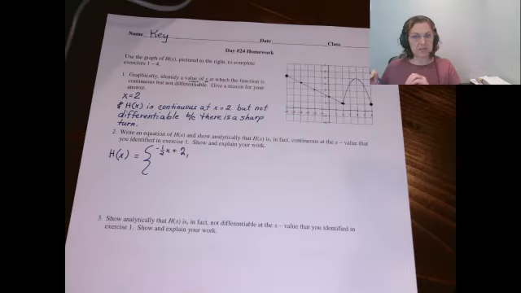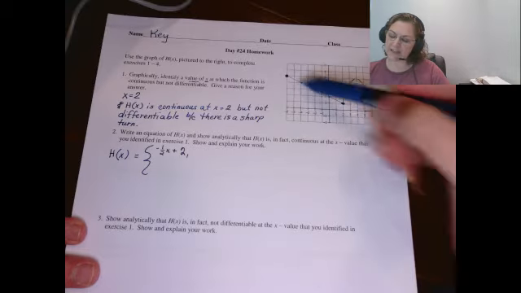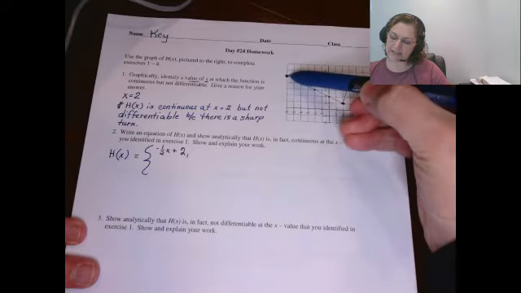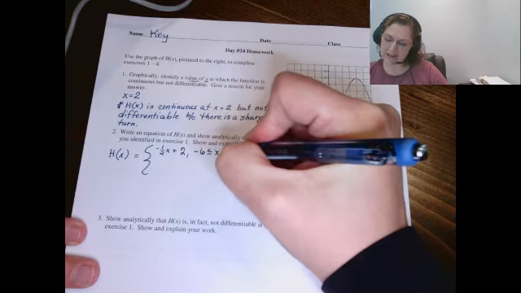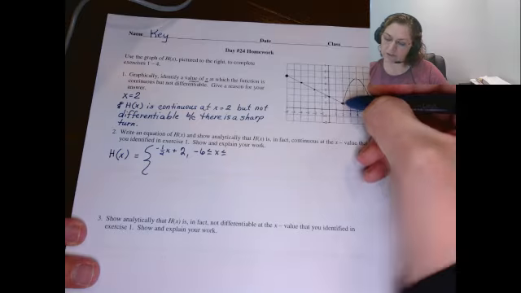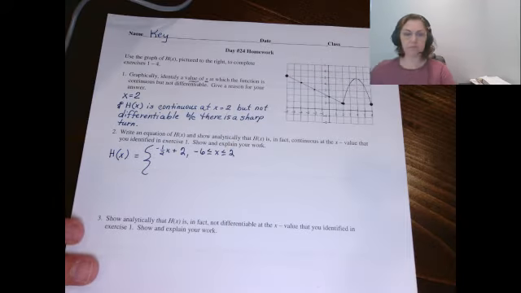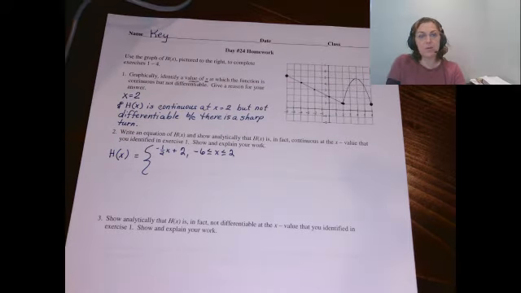Think of the y equals mx plus b that I'm using. And this piece begins when x is negative 6 and it ends when x is 2. So good practice there with writing the equation for piecewise.